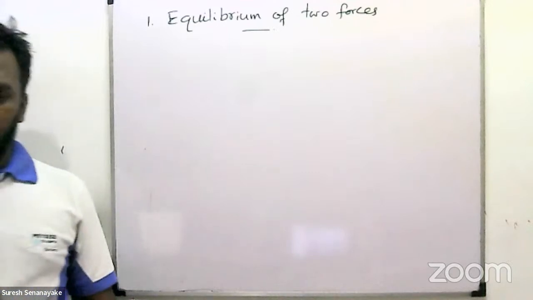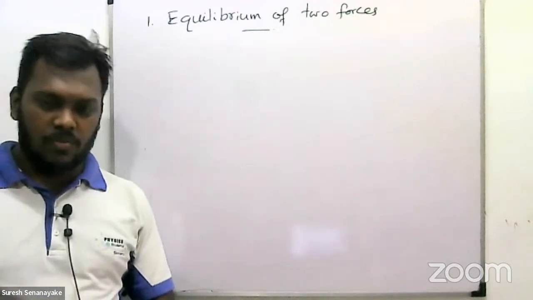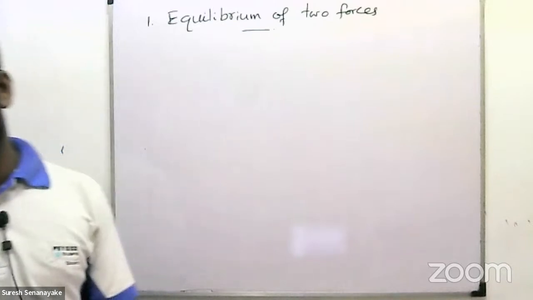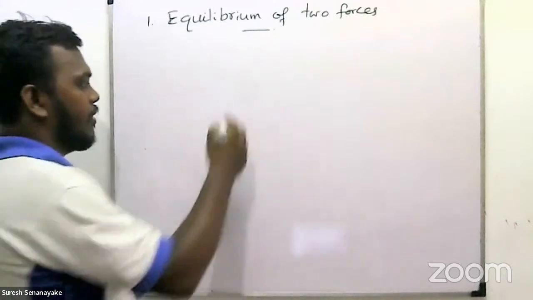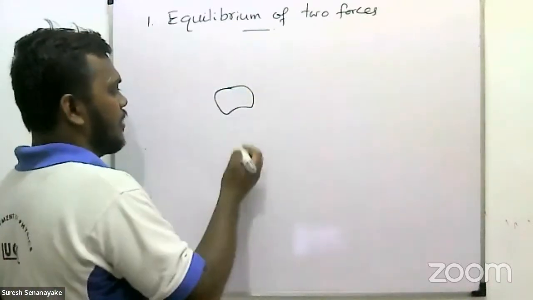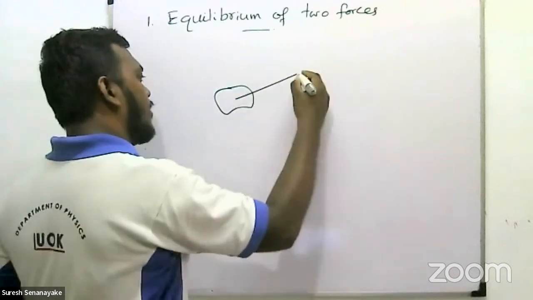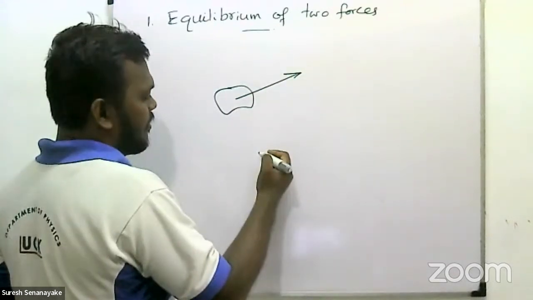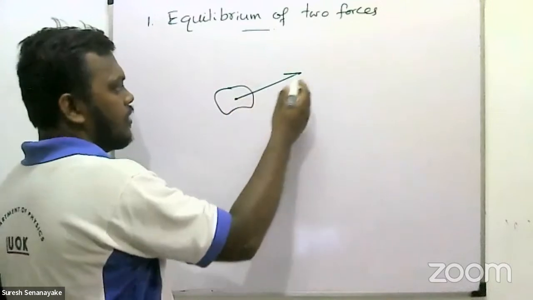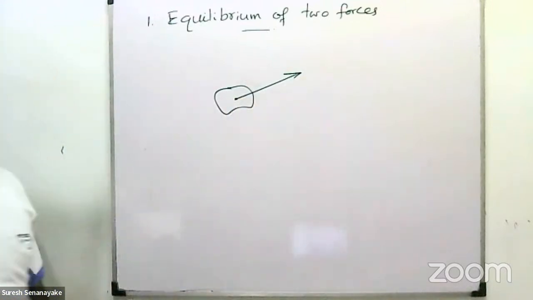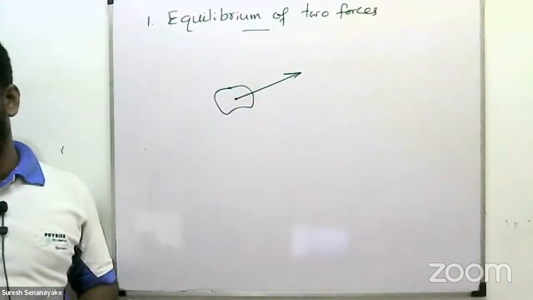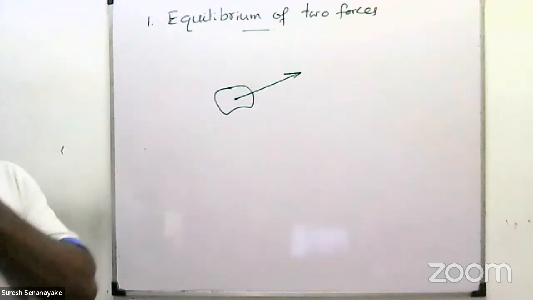So what are the conditions for equilibrium of those two forces? If there's a body like this, and one force is applied, for equilibrium the resultant has to be zero. The other force should be opposite to this, and their magnitudes should also be equal.